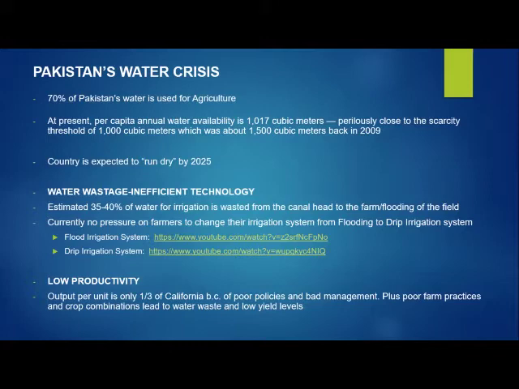So in flood irrigation, basically what happens is water is dumped in a big amount on a kind of hill situation, and it goes downwards, and eventually goes throughout the fields, and it irrigates all the crops.